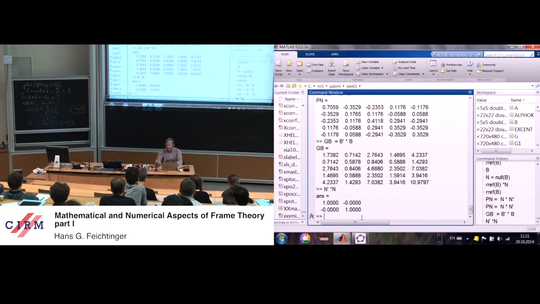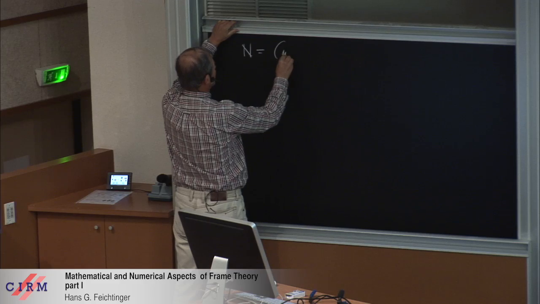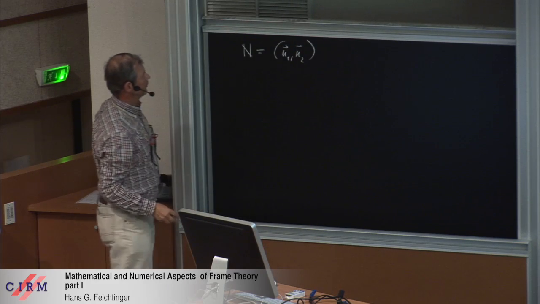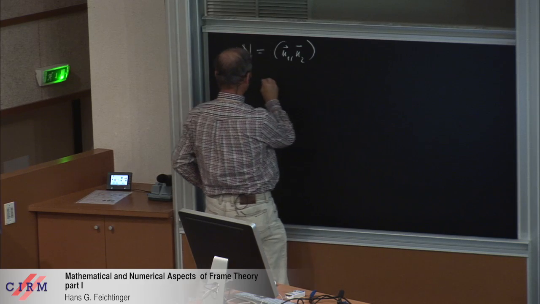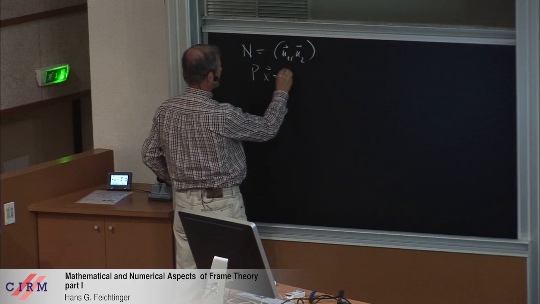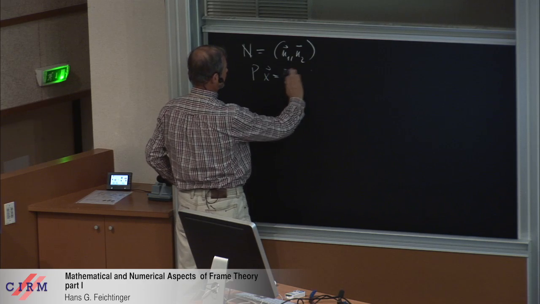On the other hand, if I want to write the projection operator, so N in my standard notation would be a collection of, in my case, two column vectors in R5. So what is then the projection onto this column space of any vector x? You would say, okay, I have to take a sum. Maybe I write it out in detail.